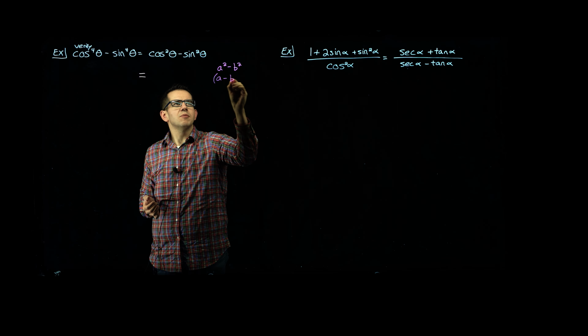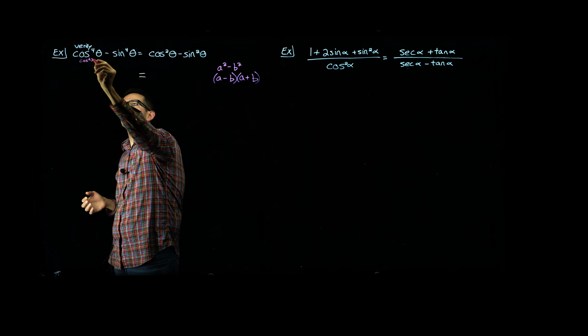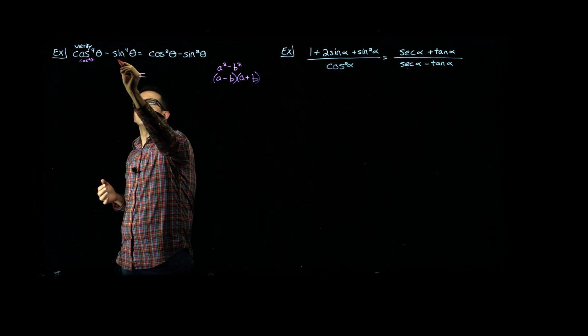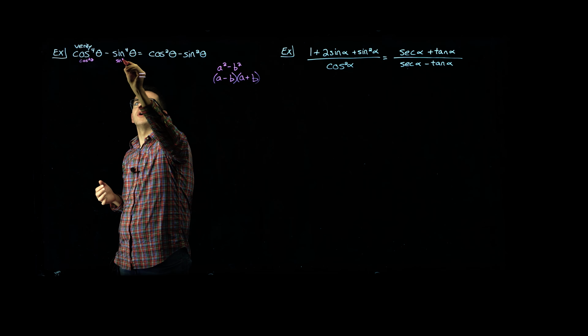So whenever you have two perfect squares being subtracted, you can factor them using this formula, which is the case here. The square root of this first term, cosine to the fourth theta, is cosine squared theta. And the square root of the second term, sine to the fourth theta, is sine squared theta.